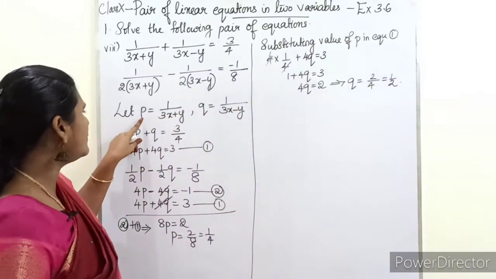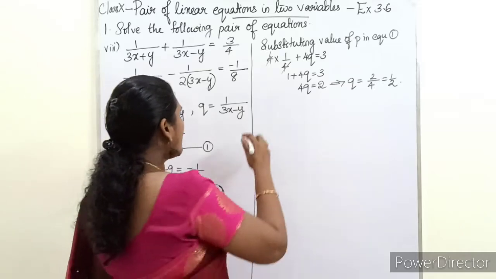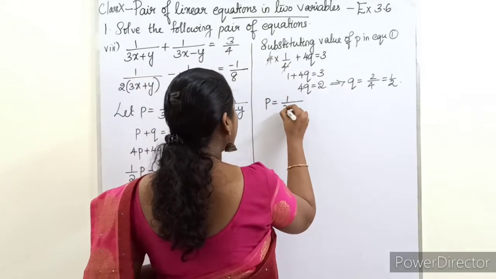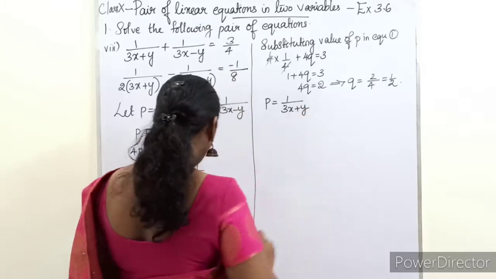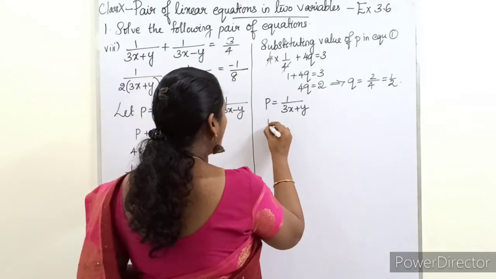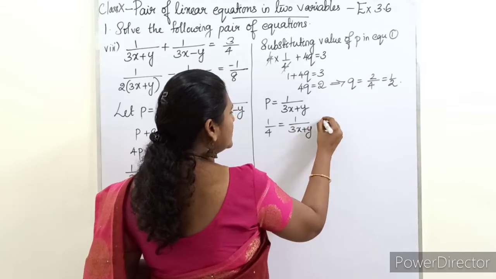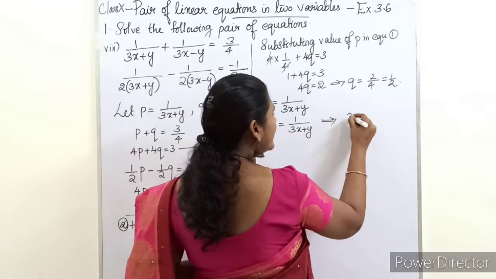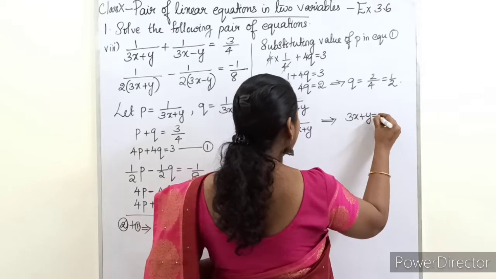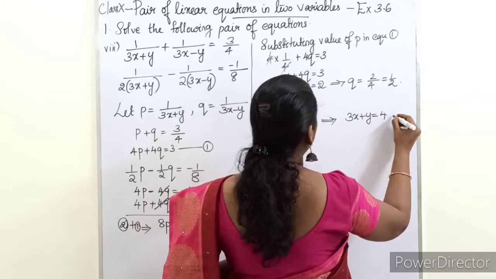So these two values we will substitute here. p is equal to 1 by 3x plus y. The value of p we got is 1 by 4. So 1 by 4 is equal to 1 by 3x plus y. When you cross multiply you will get 3x plus y is equal to 4.